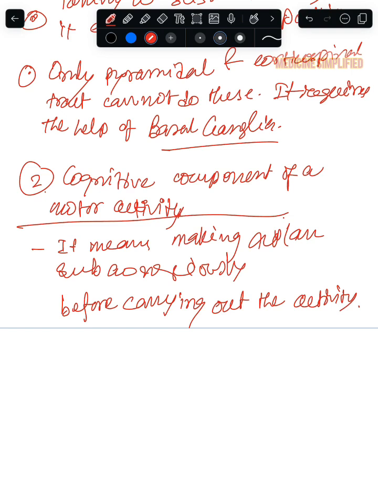I want to touch a pen, I want to pick up a pen, I want to hit him. Any activity I want to carry out, first I have to make a plan, maybe subconsciously or consciously, mainly subconsciously.